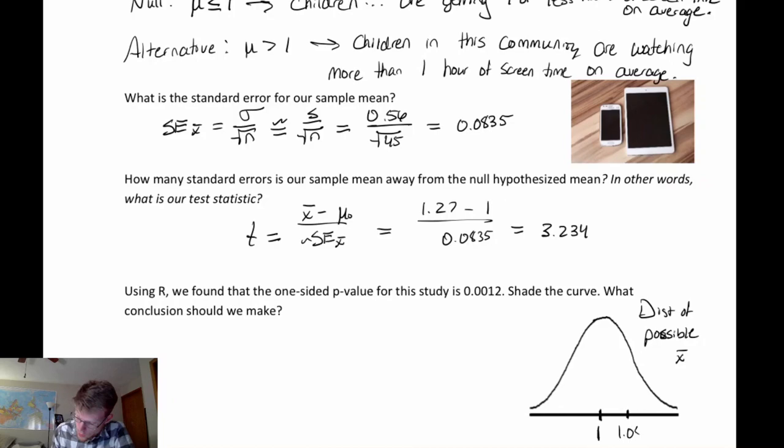This is about 1.08. This is about 1.1617 in that 2 standard error range. This is close to where we are, about 1.25, and we're way over here. We're at 1.27, so we're right here. And this is our shaded region. This is our p-value.